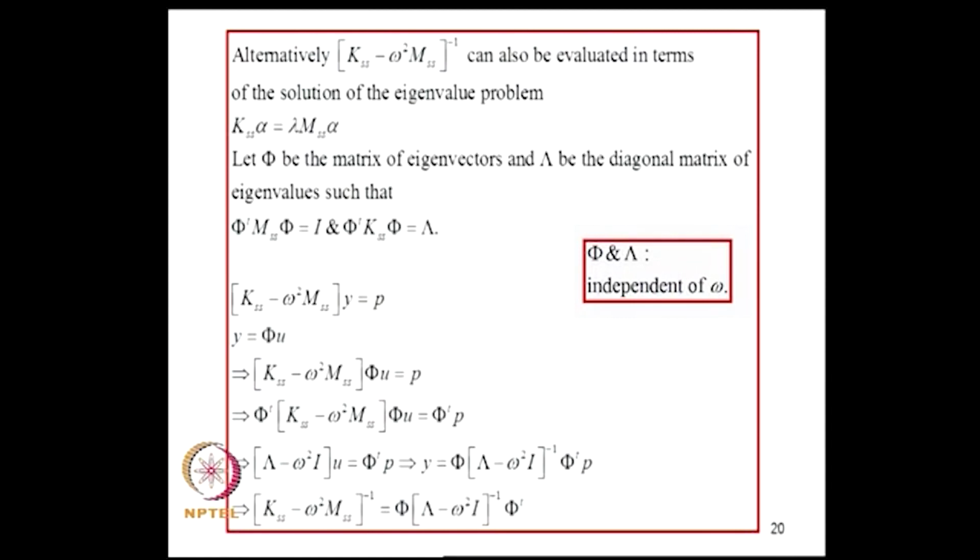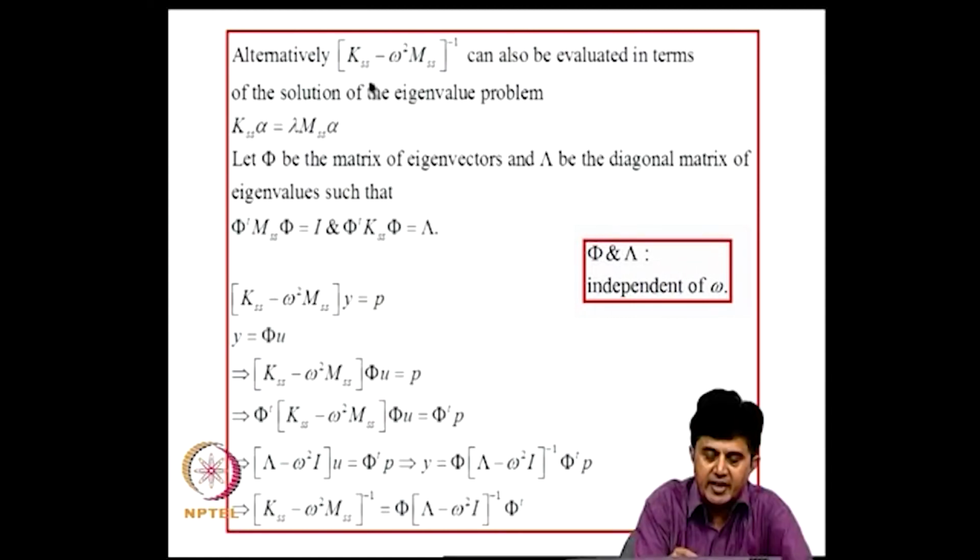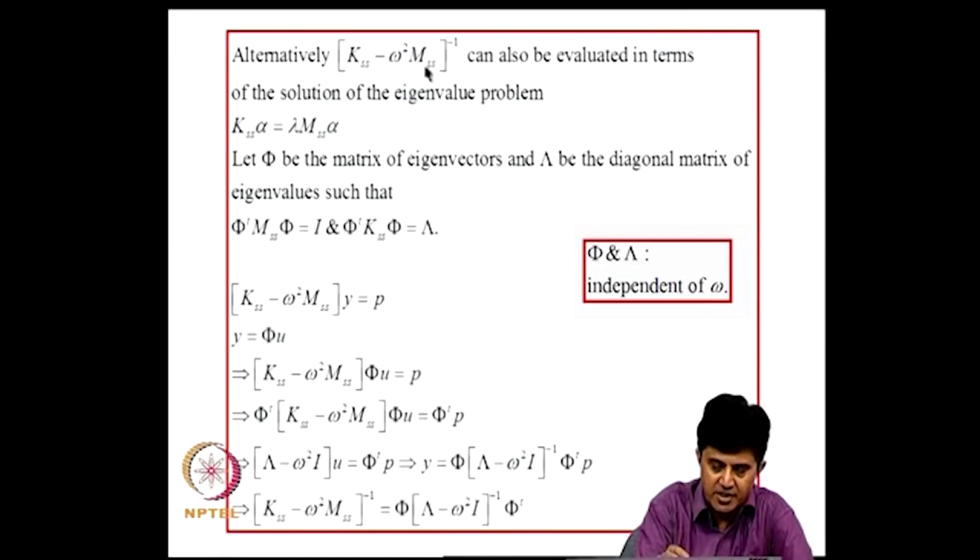We can also of course do something else. We can formulate an eigenvalue problem associated with K_SS and M_SS: K_SS alpha equals lambda M_SS alpha. If phi is the matrix of eigenvectors and capital Lambda is the diagonal matrix of eigenvalues such that phi transpose M_SS phi is the identity and phi transpose K_SS phi is Lambda, then if I consider the problem of inverting this, I can consider the set of these equations.